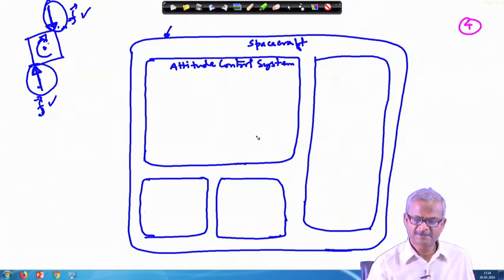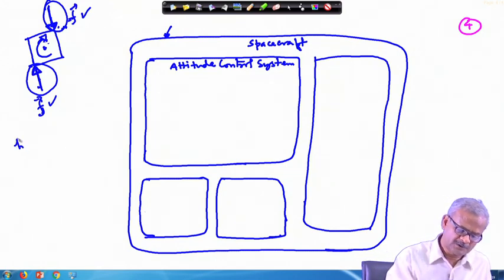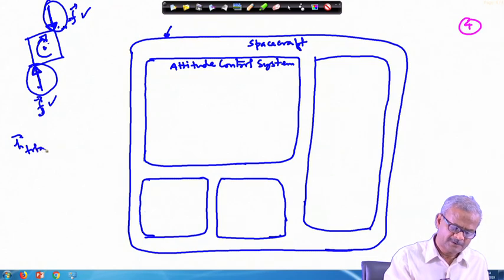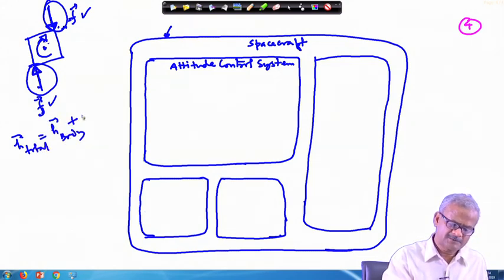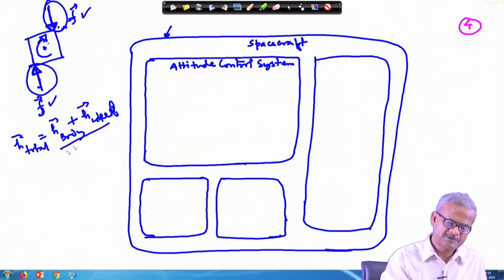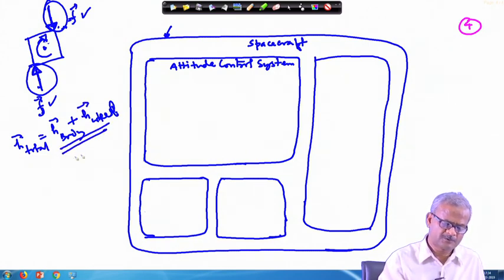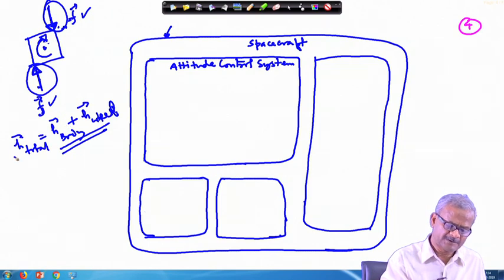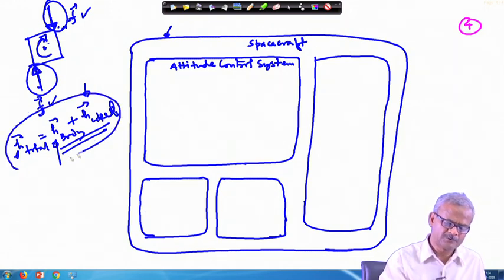You can see that the satellite is speeding up, but just opposite to that, because the total angular momentum is conserved, h total will be h body plus h wheel, and this is going to remain constant. This is not going to change the total quantity; the left hand side is constant. If you speed up the wheel, the body will also speed up, but as a whole the angular momentum is going to be constant if there is no external torque.